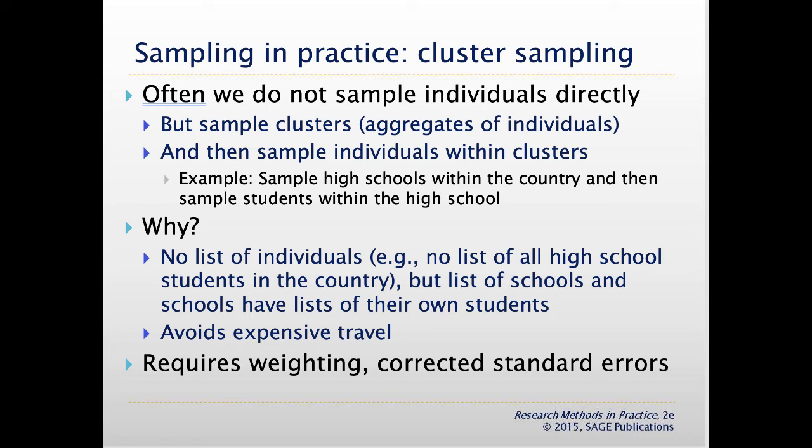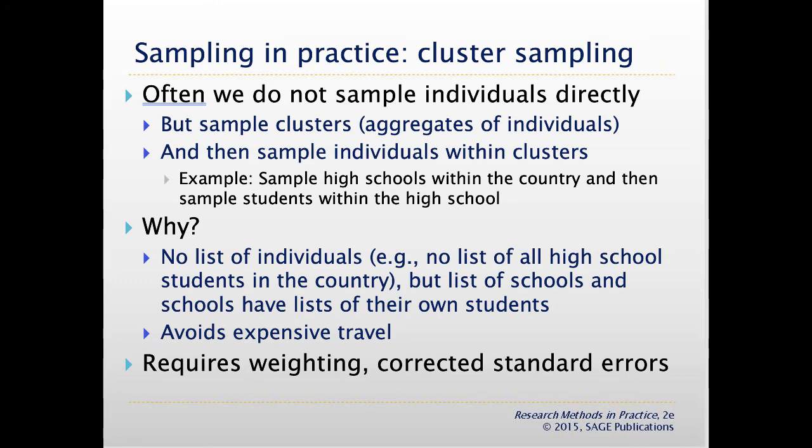So, for example, maybe you don't have a list of high school students in the country, and so first you sample high schools and then you sample students. So that can be because you didn't have a list. But a lot of cluster sampling is clustered geographically, particularly if you want to do things in person to avoid expensive travel. And it requires weighting and correcting your standard errors.